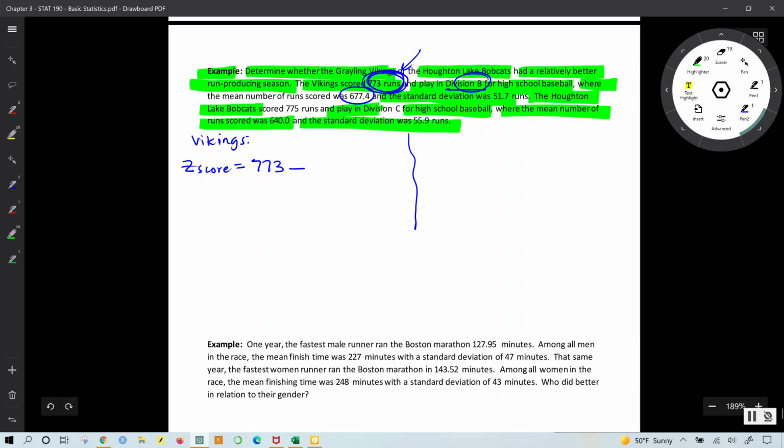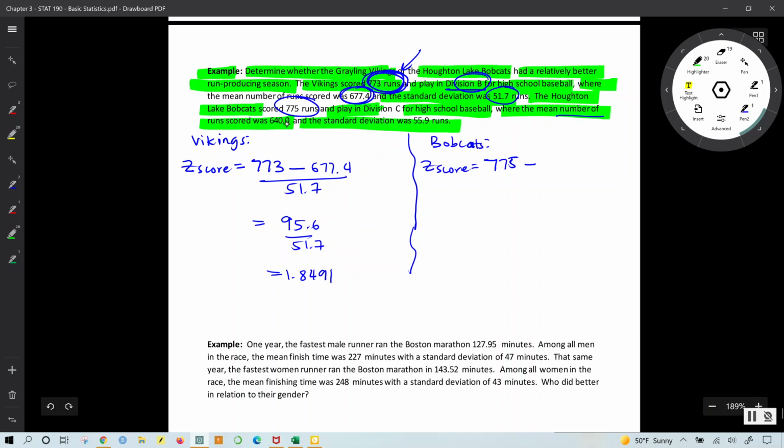The average in that league was 677.4, divided by the standard deviation, and that will be equal to 95.6 divided by 51.7, which is 1.8491. And then for the Houghton Lake Bobcats, the raw number of runs, 775, minus the mean, 640, divided by the standard deviation, 55.9.